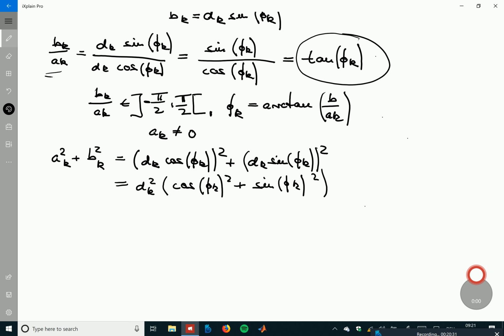I just established that this is 1, so we have dk squared equals ak squared plus bk squared, so then we get dk equals the square root of ak squared plus bk squared.